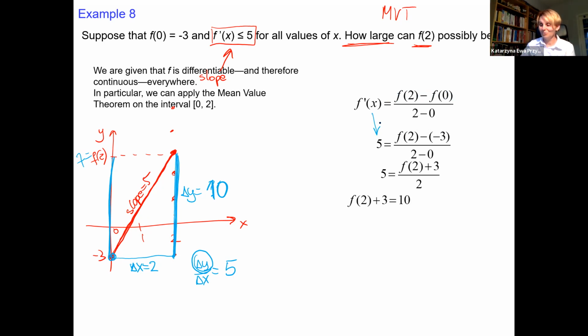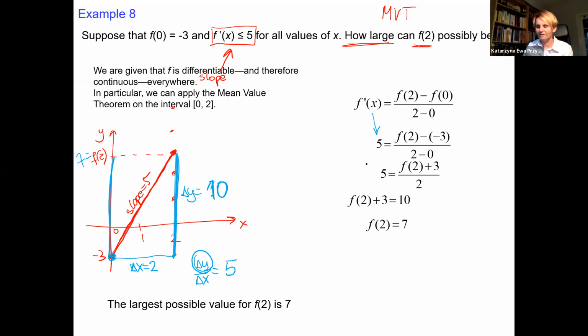When I multiply by 2, 10, subtract 3, it is 7. Based on having the run, the change in x, and having the slope, we can figure out the 10. And since we have 3 units below, 10 minus 3 gives us 7.